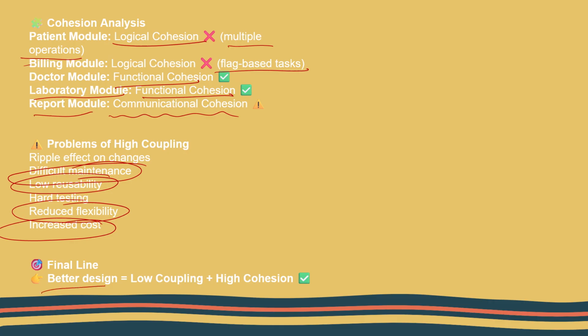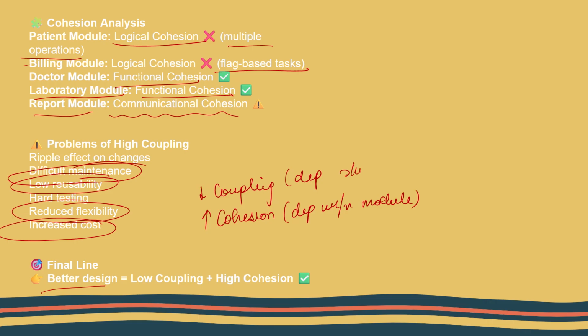Better design is low coupling, high cohesion, dependence within modules, and dependence between modules.